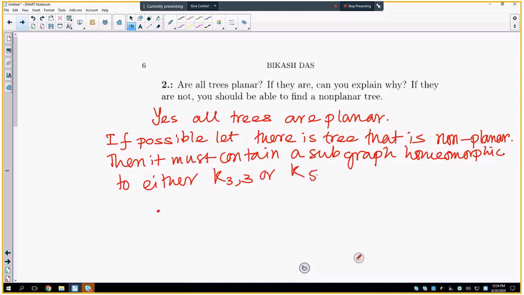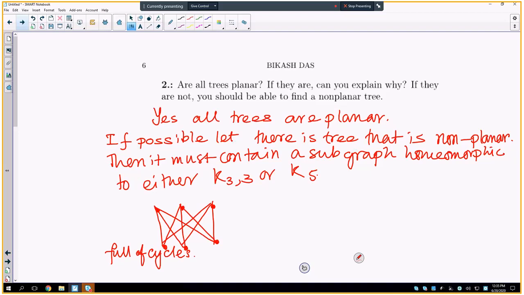So let's recall what K33 is. I will have 6 vertices, 3 on either side, and the vertices on the same side are not connected with each other, but they are connected with every one on the other side. So this is my situation, and it's full of cycles. So you cannot have cycles in your tree.